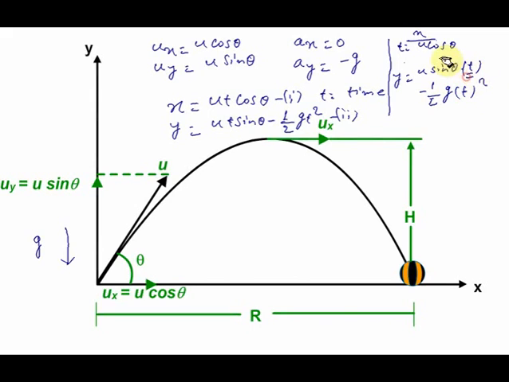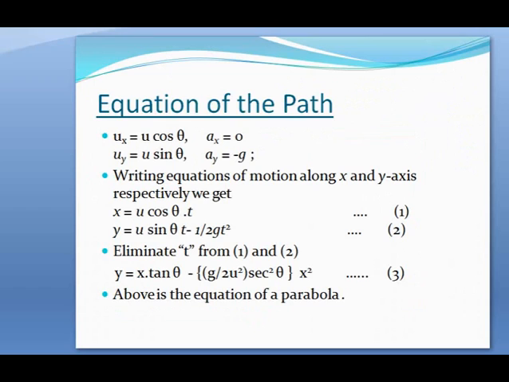Putting the value of t as x by u cos theta, y will be equal to u sin theta into x by u cos theta minus half g into x by u cos theta whole square. So finally we get the following equation: y is equal to x tan theta minus half g by u square sec square theta into x square. And this is the equation of a parabola.